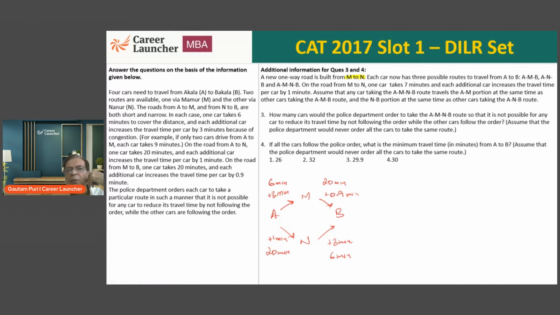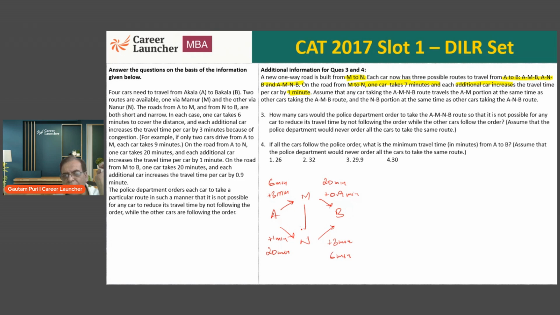A new one-way road was built from M to N. Now the possible routes from A to B are A and B, and AM and B. On the road from M to N, each one car takes 10 minutes, and each additional car increases the travel time by 1 minute. Each additional car increases the travel time per car by 1 minute.